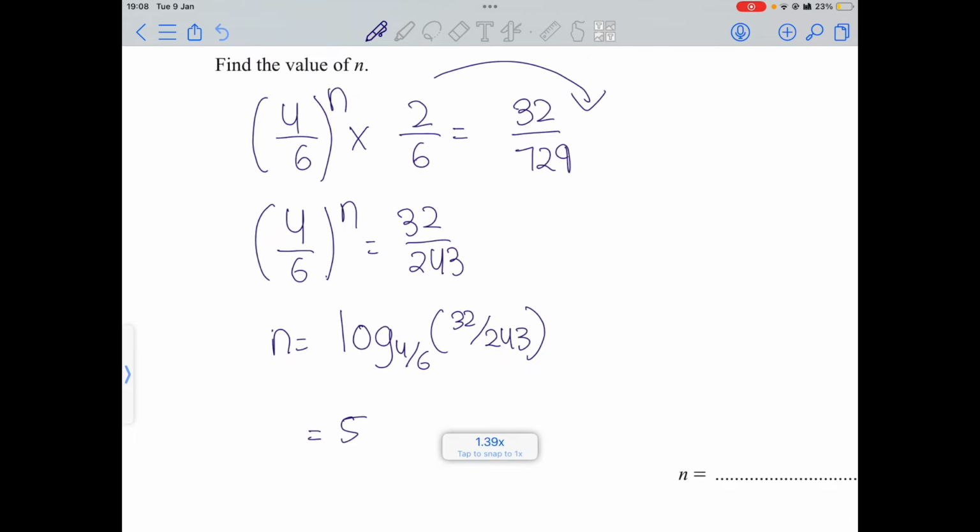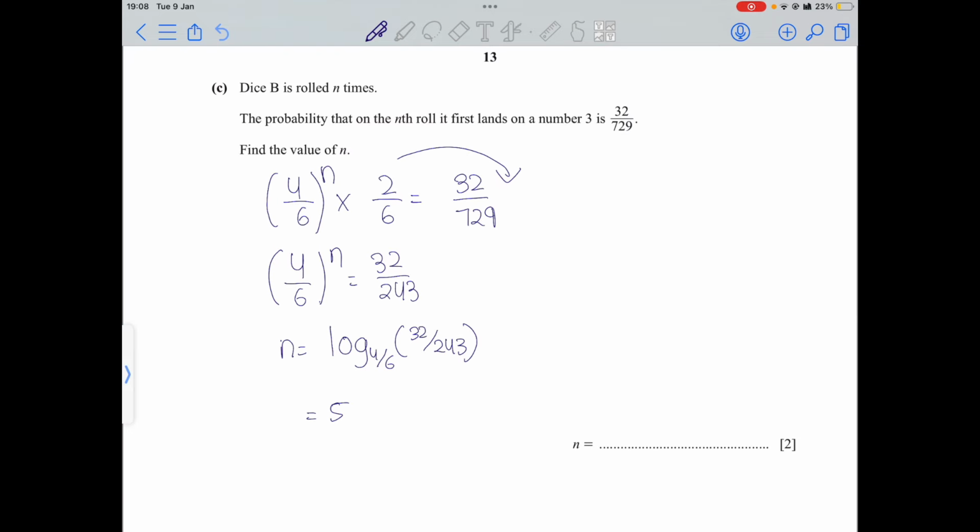That means for 5 rolls you won't get the number 3, but on the 6th roll you will get the number 3. So we need to do 5 plus 1, which is 6.